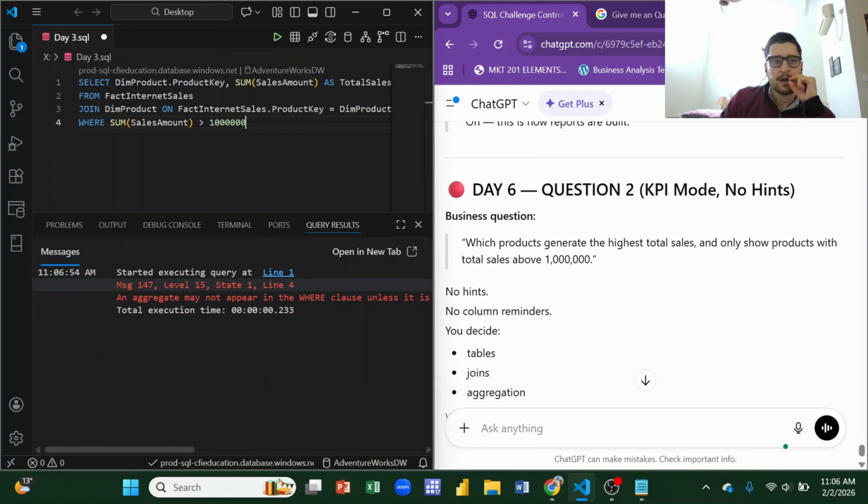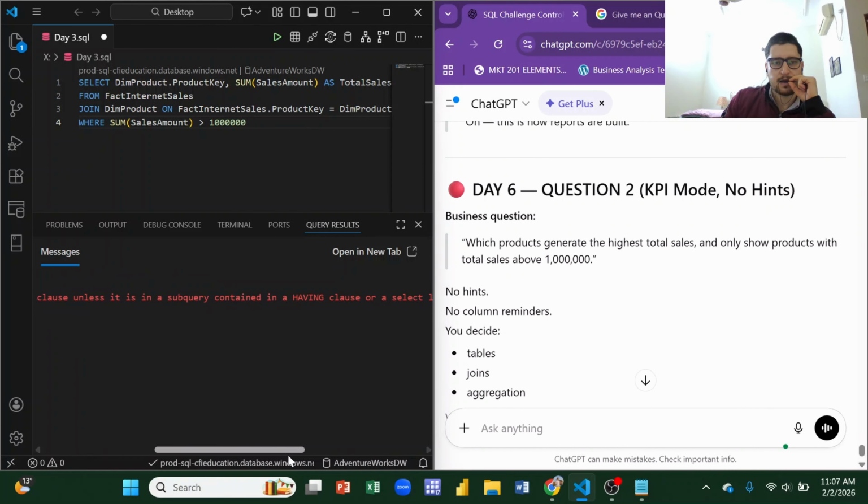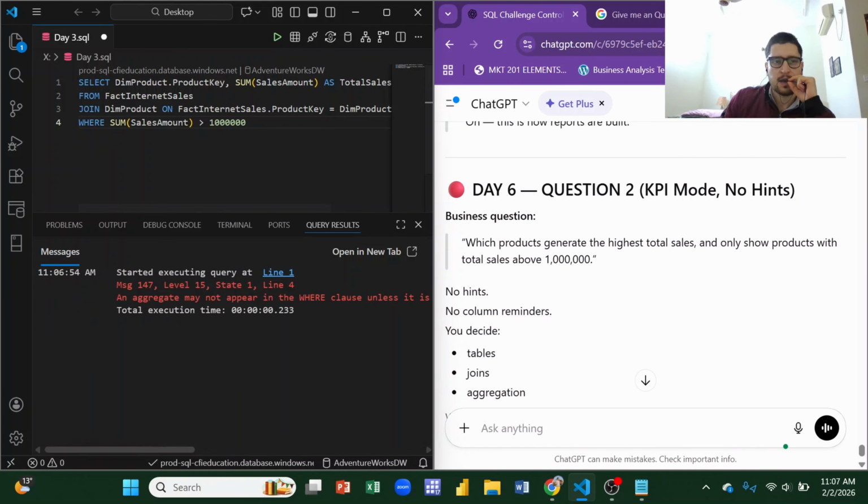Okay, so there seems to be a problem executing the query at line 1. An aggregate may not appear in the where clause unless it is in a subquery contained in a having clause or a select list, and the column being aggregated is an outer reference.